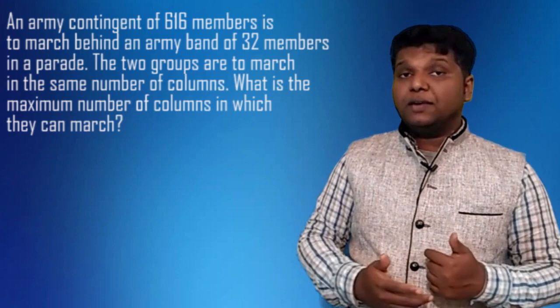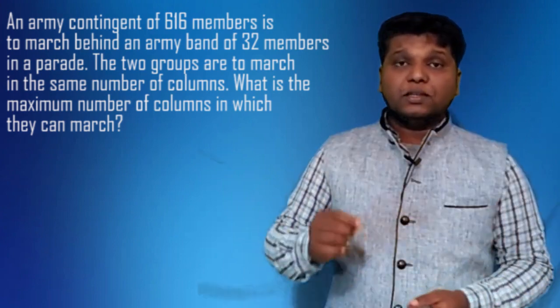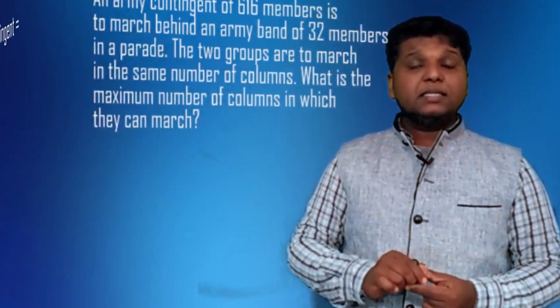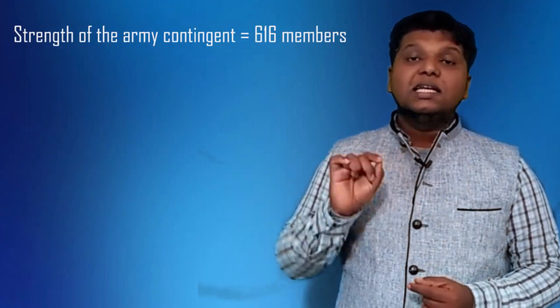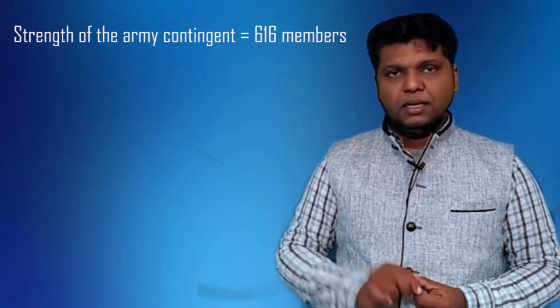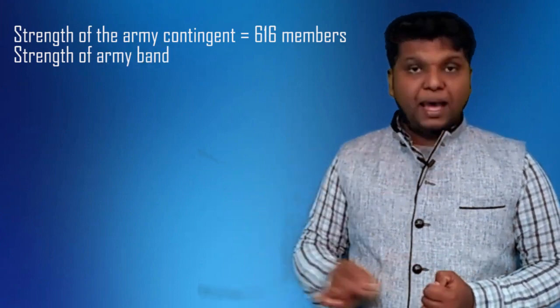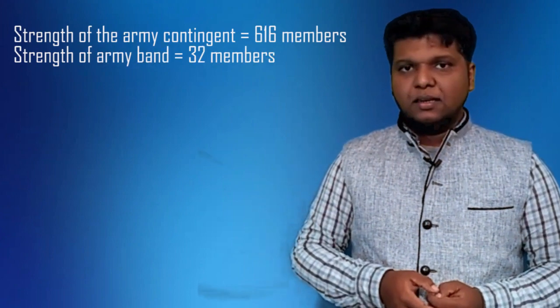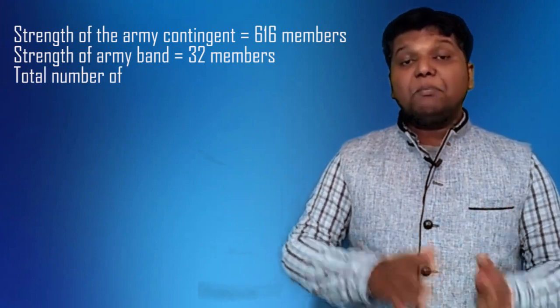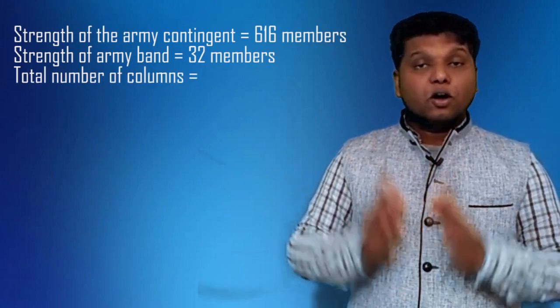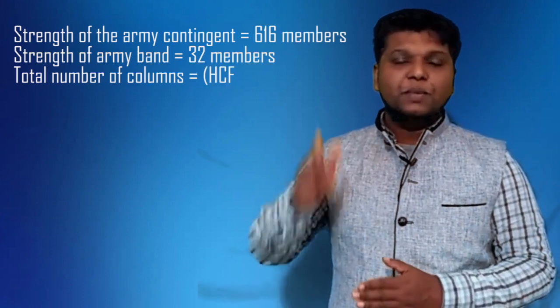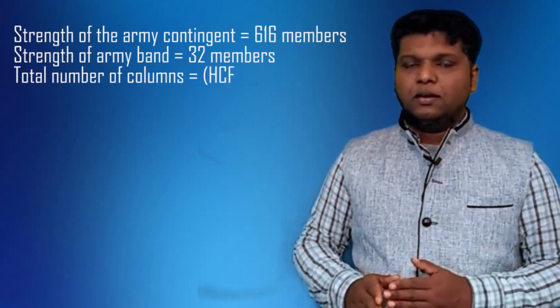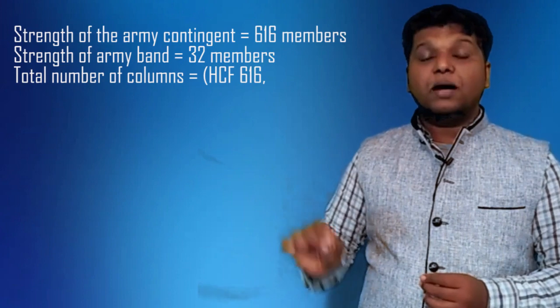First of all, what is the given data? Let us write it down. Given that strength of army contingent is equal to 616 members. Strength of army band is equal to 32 members. Next line: the maximum number of columns is equal to HCF of 616, 32.